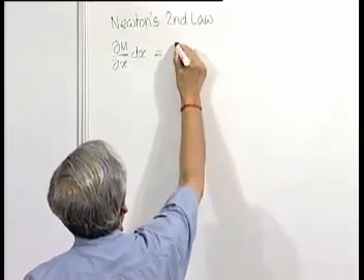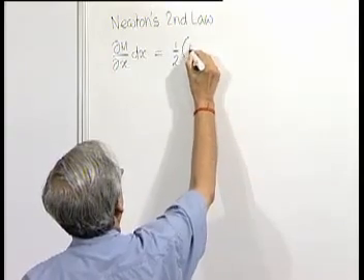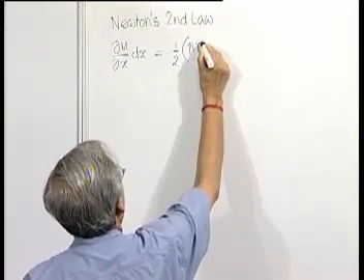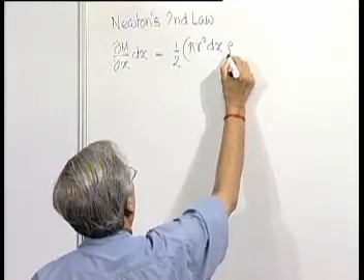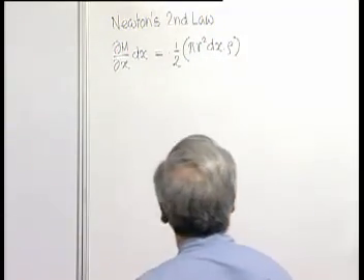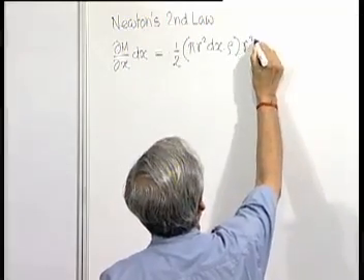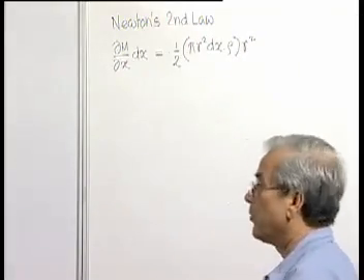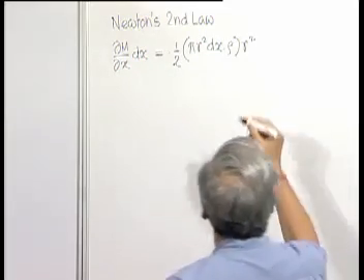For this we know it will be half the mass of this element, that is the volume of the element times rho, into r square. This is the polar moment of inertia of the element, into angular acceleration.